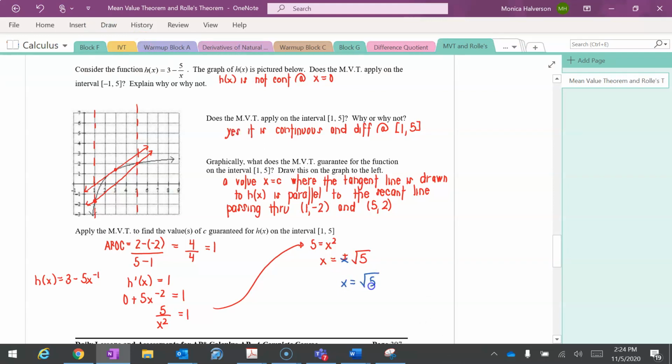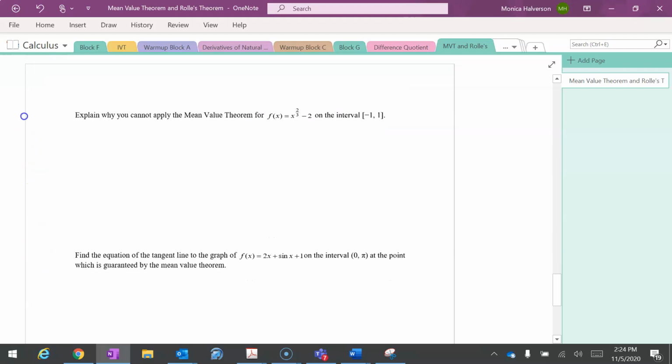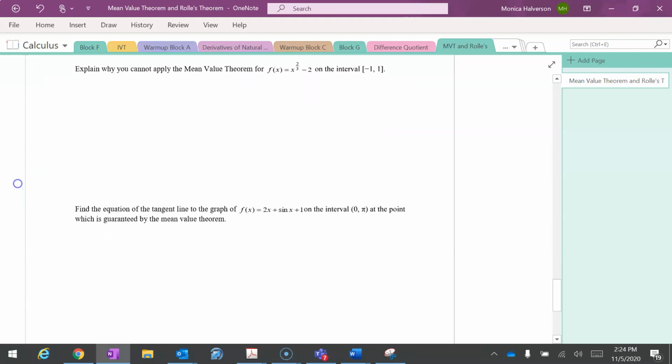So our c value, in which the mean value theorem applies, is the square root of 5. I would like you now that we've used the mean value theorem to do the next one on your own. Explain why you cannot use the mean value theorem for the function f of x is equal to x to the 2/3 minus 2.